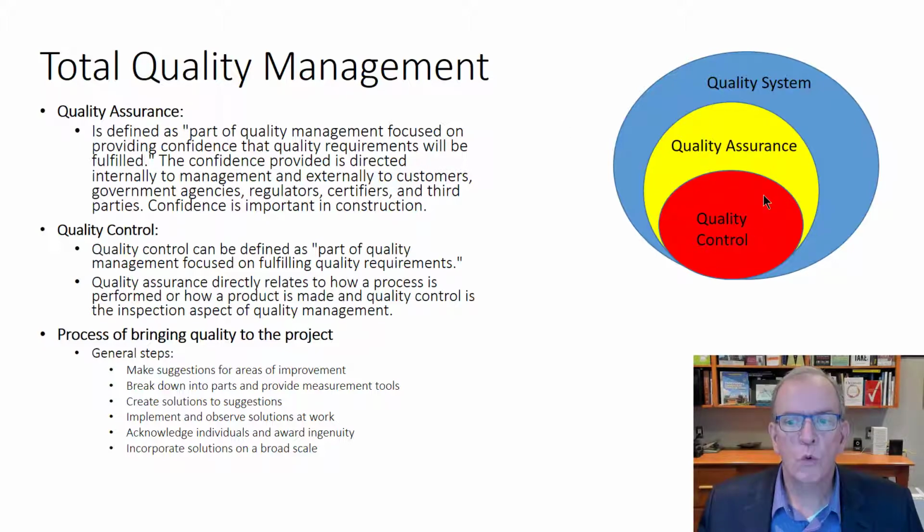So you want to have a robust quality assurance program, because that's going to mean that when you actually do the quality control aspect and you're testing to see how you are performing, you are going to be in a successful position, right? So the quality control, which is within the quality assurance program, is the actual testing to see, are we actually fulfilling the requirements that we set out in quality assurance? It's going to provide feedback for us to see if we have to make adjustments, if we have to tweak our quality system program, and do we have to adjust our quality assurance program.